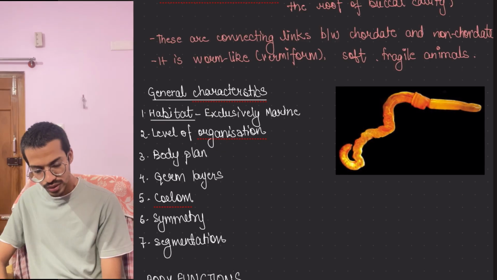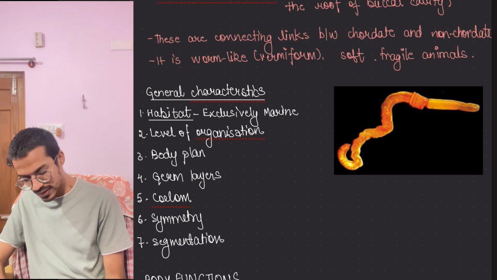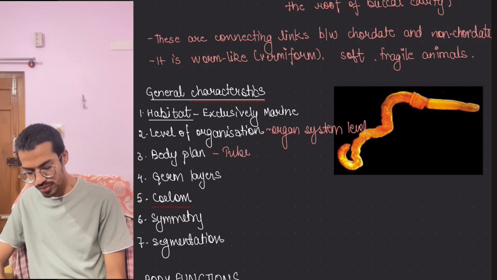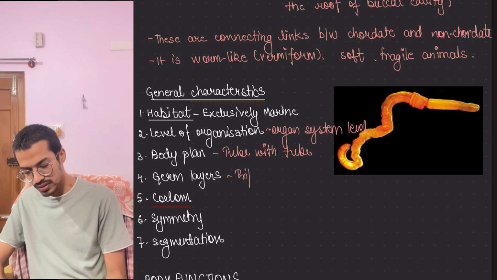Then level of organization is organ system level. Then we have body plan, tube within tube. They are deuterostomes. Then germ layers, they are triploblastic.